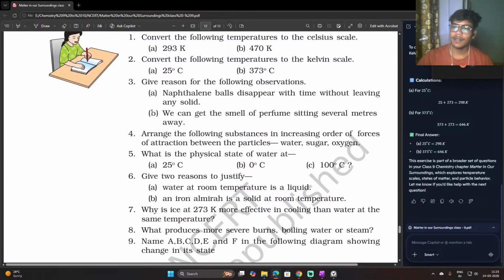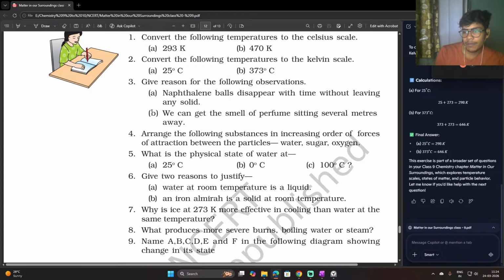Now give reasons for the following observations. Naphthalene balls disappear with time without leaving any solid.